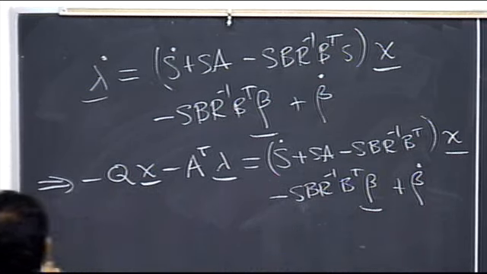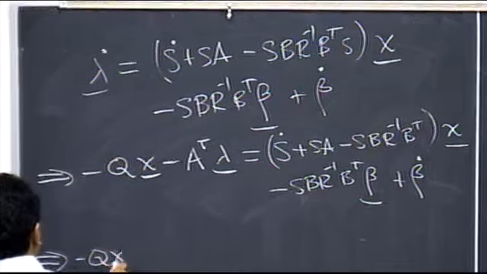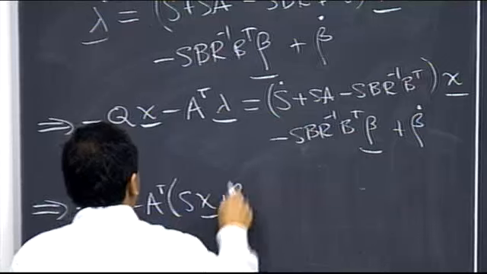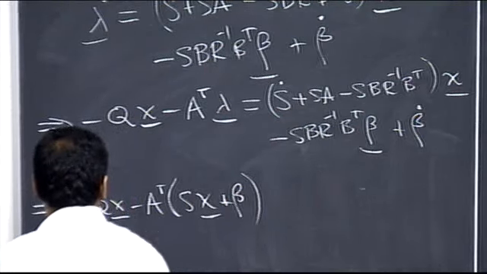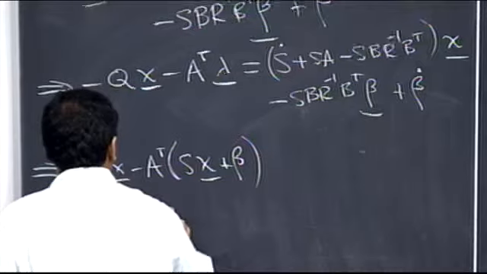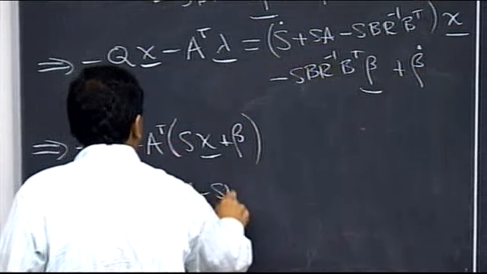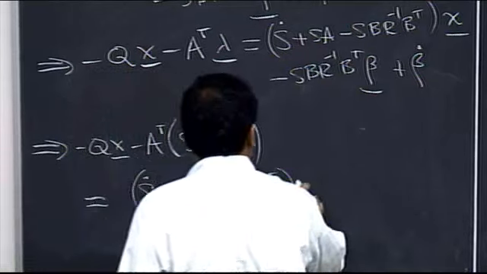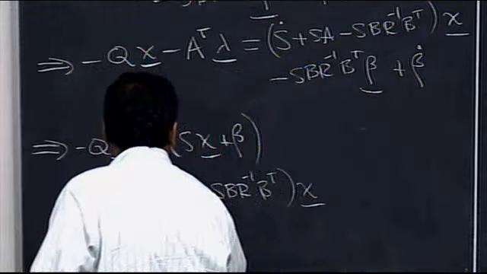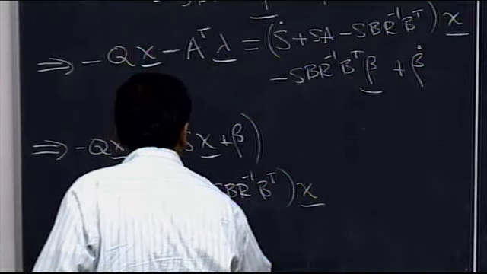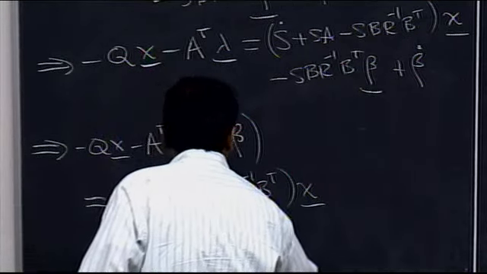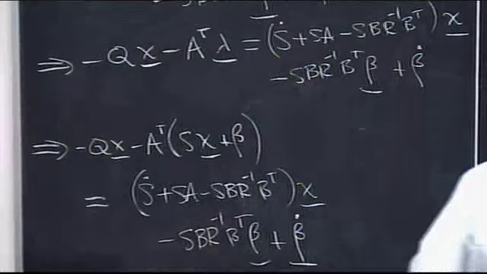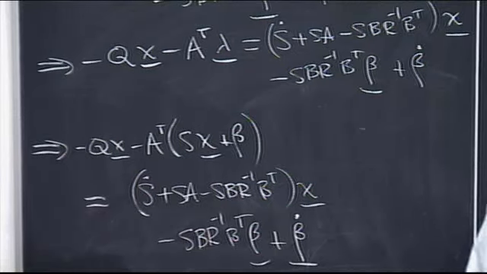But I know that lambda is equal to Sx plus beta. So now let's solve that whole thing for beta dot, and let's see what we get.